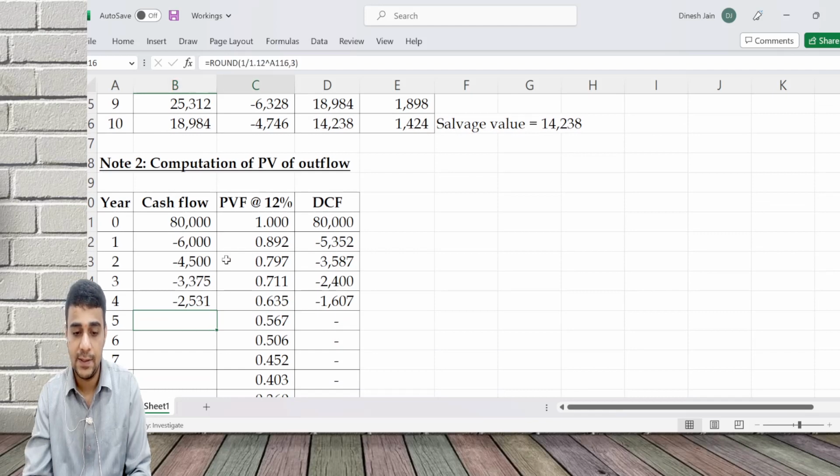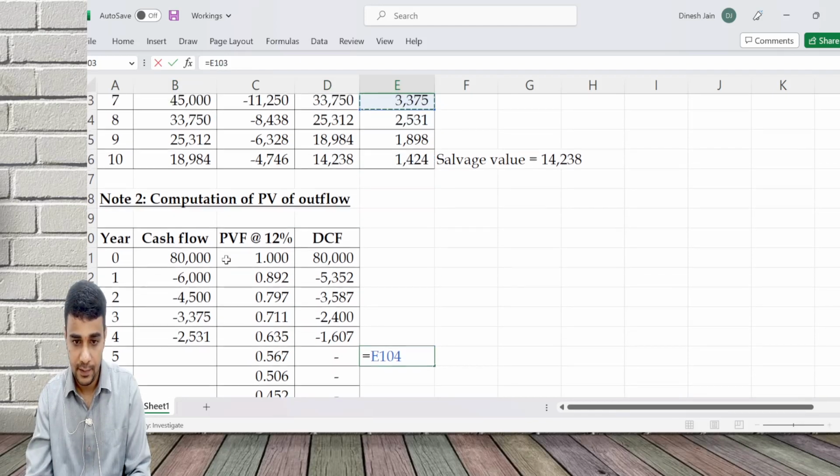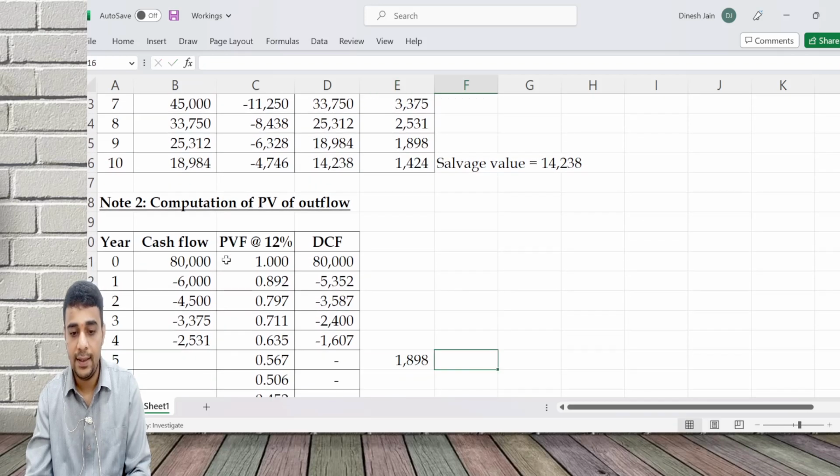Fifth year is where I may spend a little bit of time. Fifth year is negative 1,898 and salvage value negative 18,984.